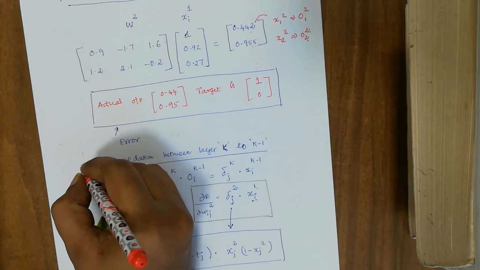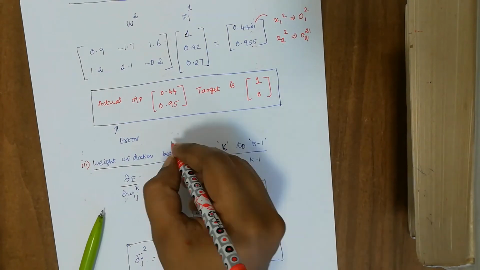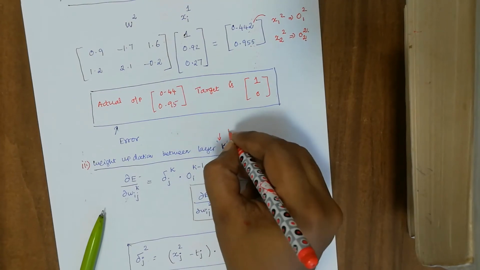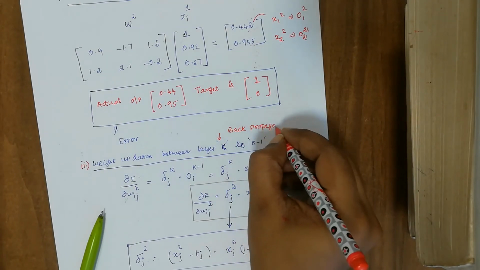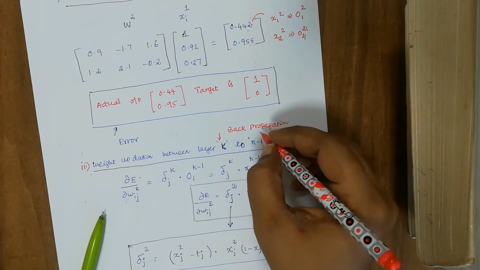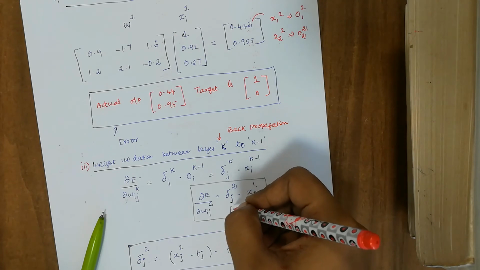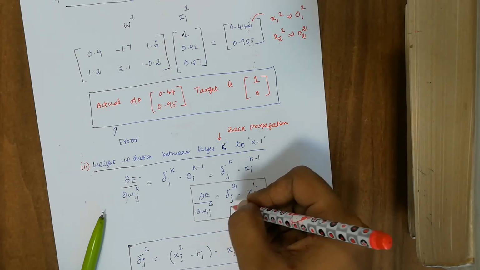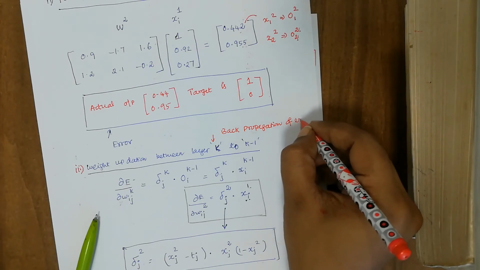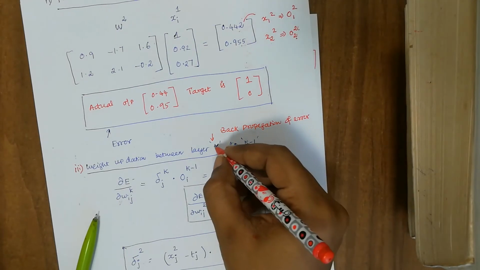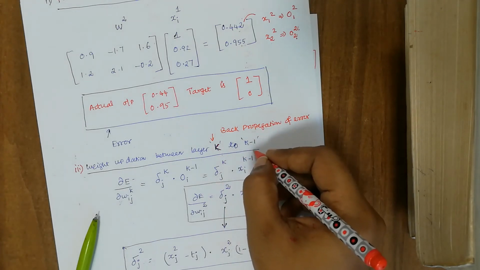So the third step, the weight updation rule from k to k minus 1, is where back propagation starts. What are we back propagating? We are back propagating the error that we have obtained at the output layer to the previous layer. So back propagation of error from capital K, which is the output layer, to the k minus 1th layer.